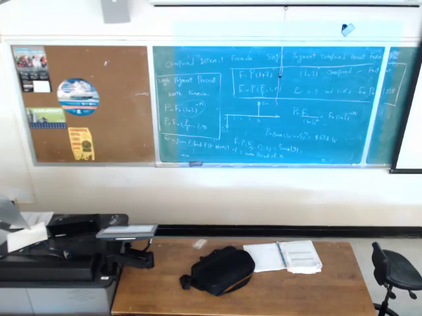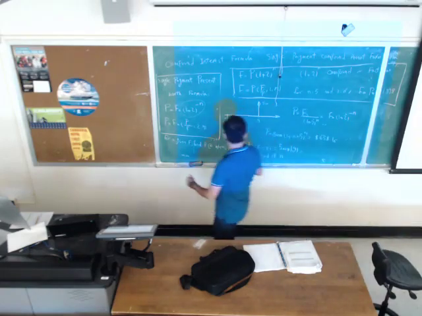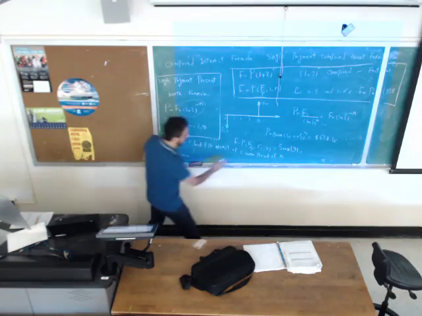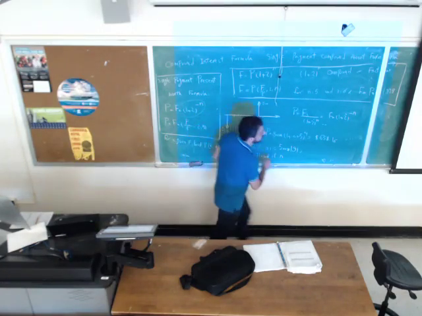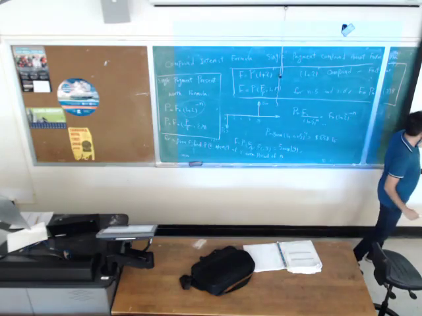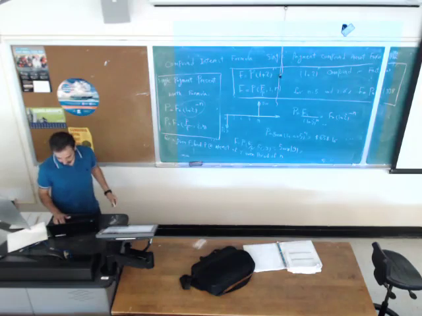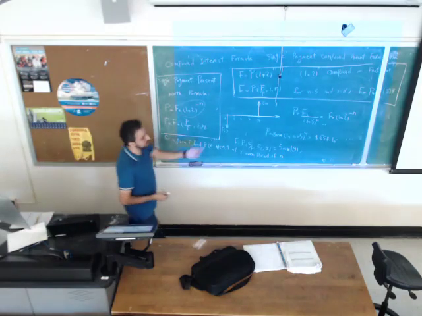For n equals 4, i equals 5%, it's right here, 0.8227. And you will get the same result.